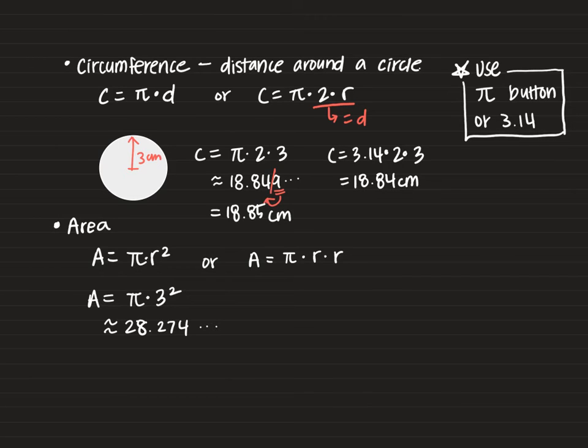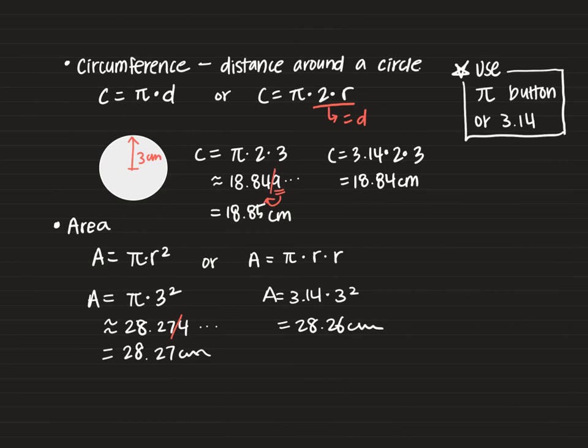So like I said, I'm going to just use 2 decimals. So my final answer is going to be 28.27 in this case. If I am using 3.14 times 3 times 3, which is 9, it's going to give me an answer of 28.26, slightly smaller, but it's okay because that's going to be the answer that you're going to get if you're using 3.14.